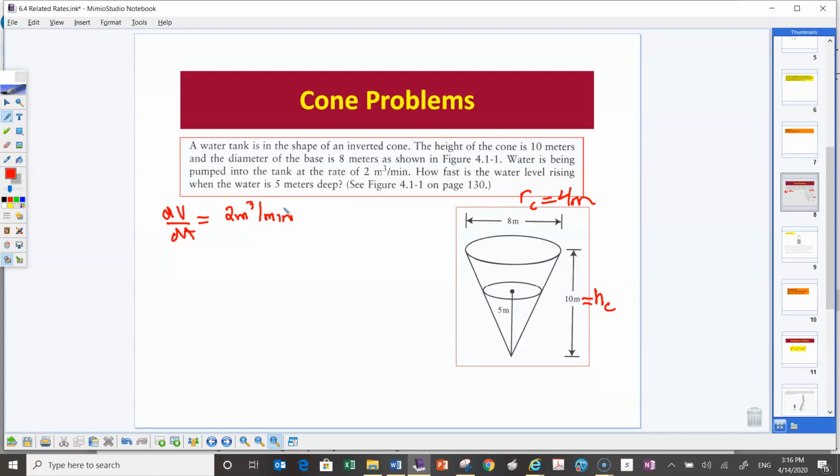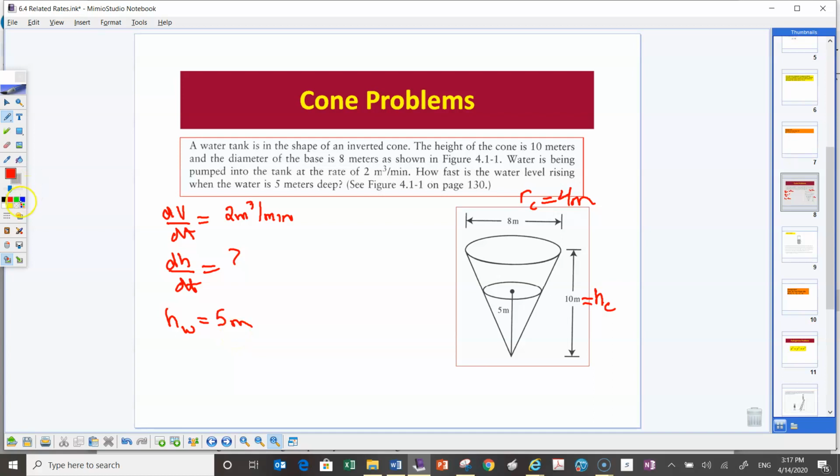And the question is asking how fast is the water level rising, so we're looking for dH/dt. At the instant the height of the water is 5 meters deep. So there's height of water and height of cone. You've got to keep those separate.